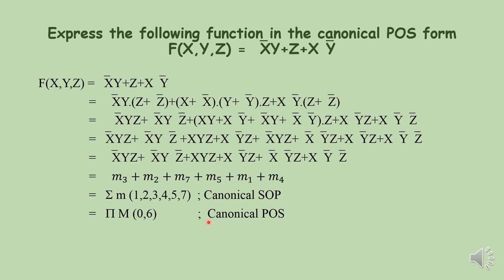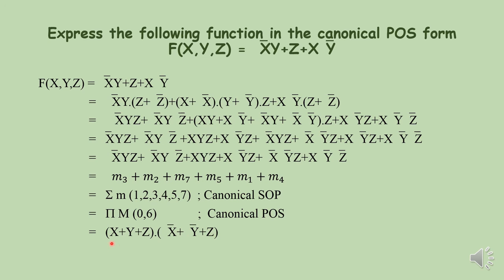So this is a canonical POS form. How do we convert this decimal notation? 0 is represented by x plus y plus z, dot 6 is represented by x bar plus y bar plus z.